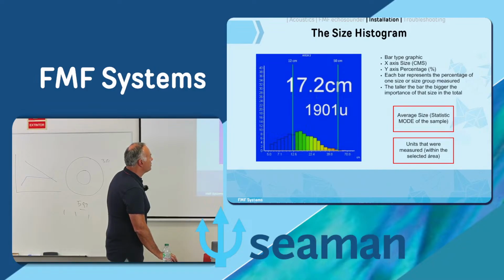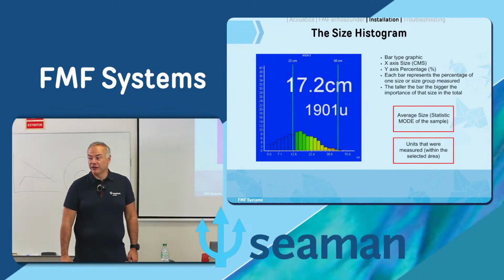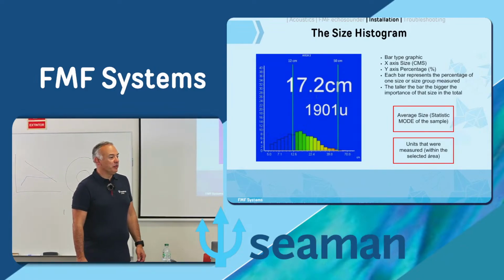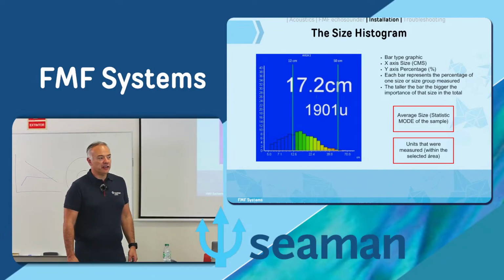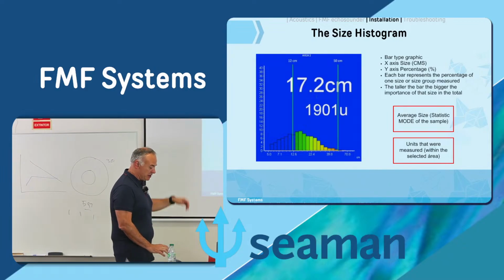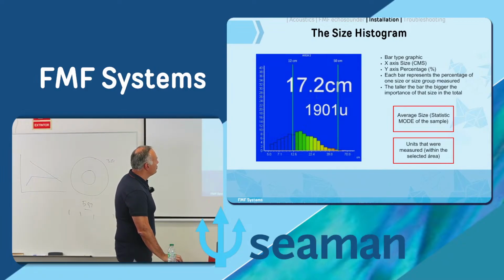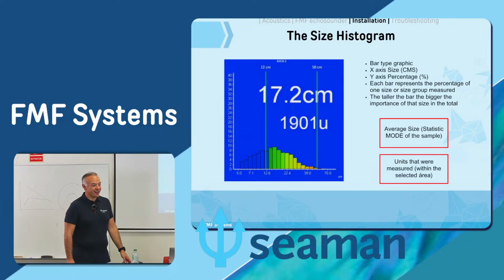In our case, we also provide the units that the system uses for measurement. And this is very important because it gives you a hint of how good is the mode that you calculated up here. So when you see 17.2 centimeters here, it's not the same if down here it says 2 or 3 targets.